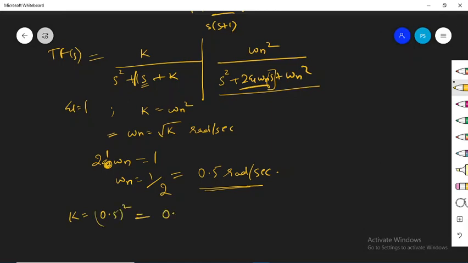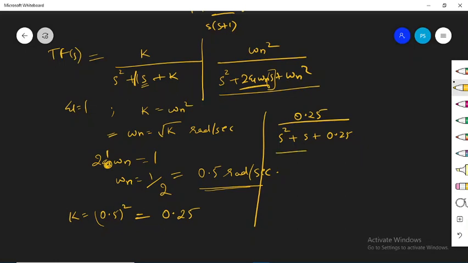So that will be equal to 0.25. So my transfer function can be written now as 0.25 divided by s square plus s plus 0.25. This is how my transfer function for the system can be written.